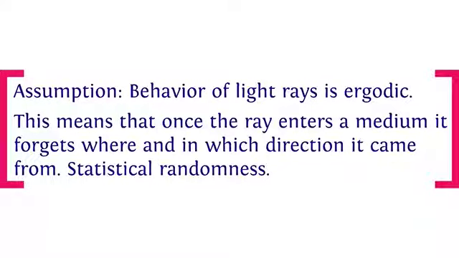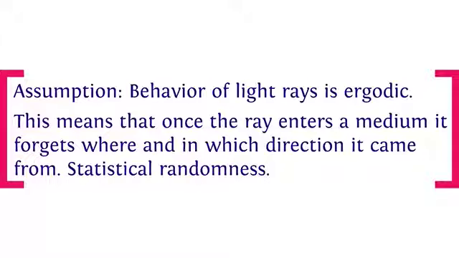Now, we're going to make one more assumption. The behavior of light rays is ergodic. What ergodic simply refers to is the fact that light becomes random. Let's imagine that light entered with straight lines, direct sunlight from the sun, let's say.